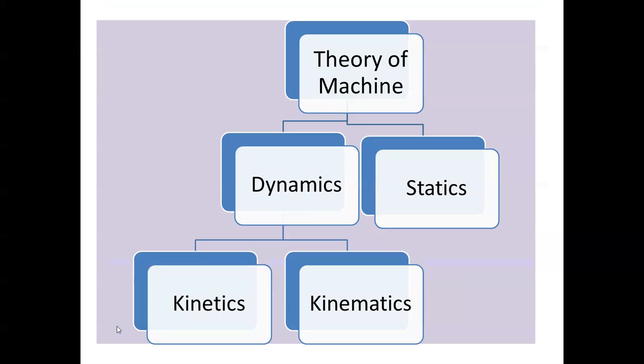Moving further, in this slide, theory of machine has two main sub branches, that is dynamics and statics. Dynamics again has two sub categories, kinetics and kinematics. So all these are the four sub branches of theory of machine.